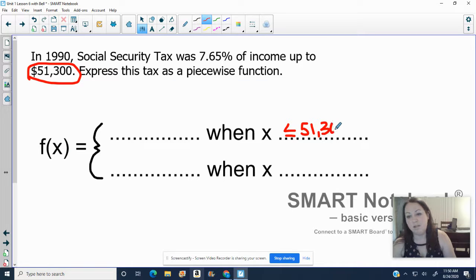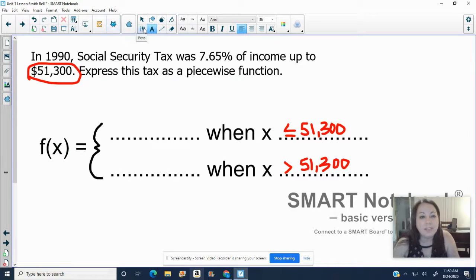So that top line is going to be what taxes are paid when my income is less than $51,300, and my bottom line is going to be what happens when my income is greater than $51,300. Bear with me and my poor writing skills with my mouse. Beautiful. So now we are going to set this up.